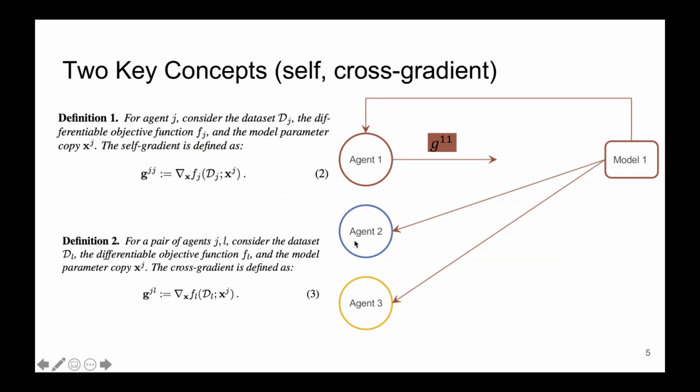For example, to agent two, and agent two has model one. It can compute a gradient and send this gradient to agent one. So more specifically, you can just treat this algorithm as not only sharing the model, they also share the gradient.